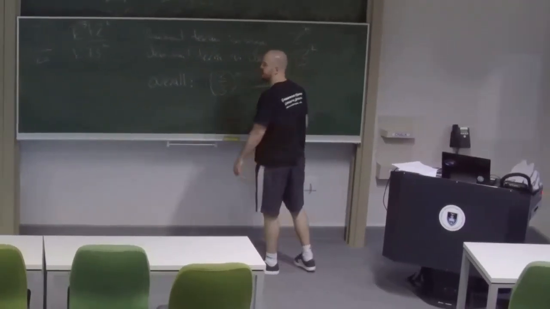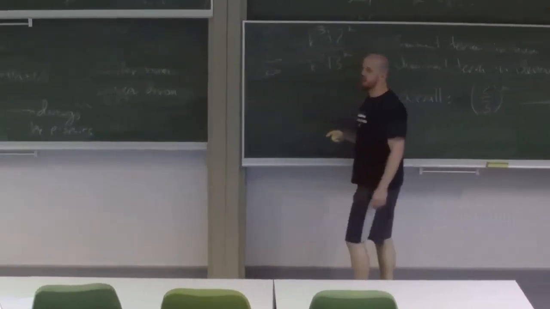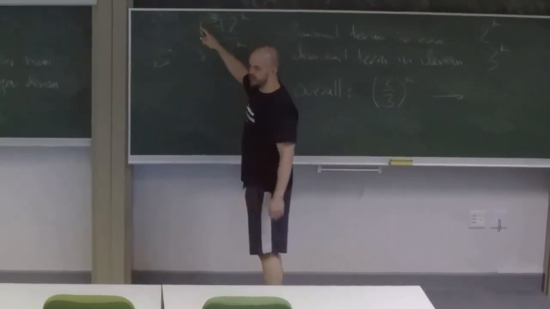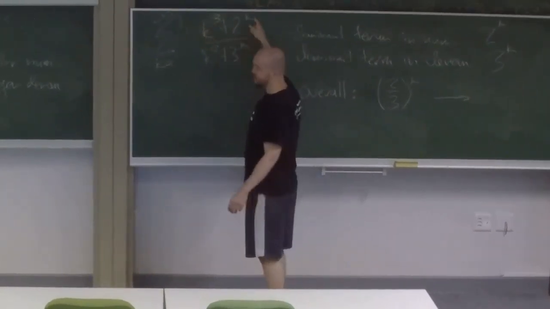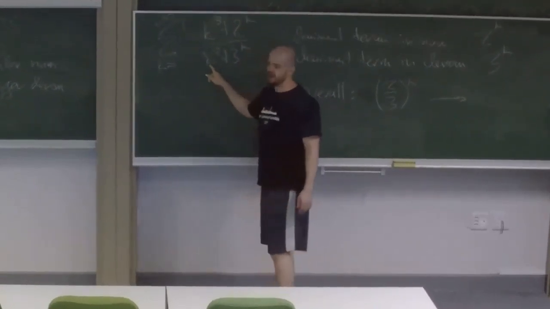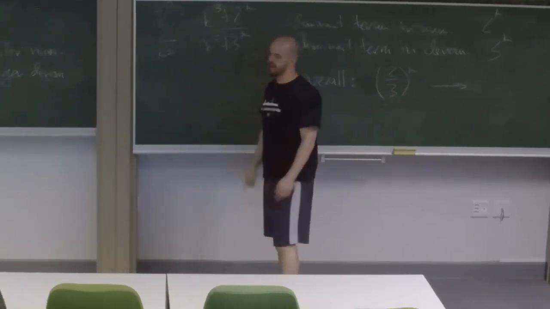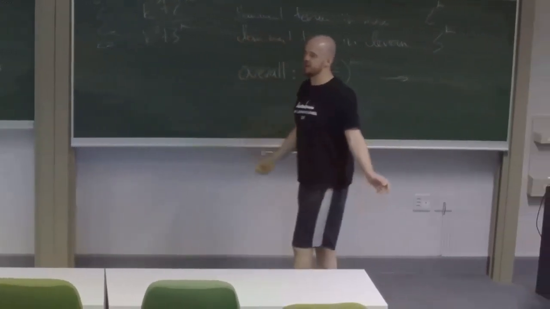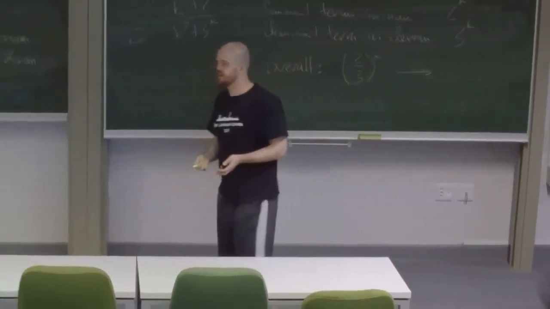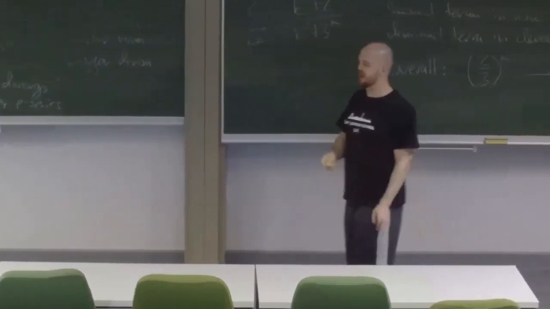As k gets large, this number and this number really don't matter. If I put in 10 billion here, 10 billion cubed is a very big number, but 2 to the 10 billion is astronomically larger. And if I put in 10 billion here, 10 billion squared is very big, but 3 to the 10 billion is astronomically larger. I challenge anyone who doesn't trust that to go check it on a computer or calculator.